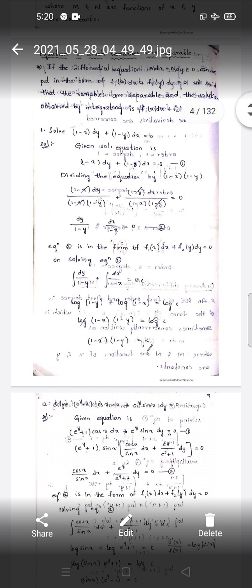Cancel the log, and the remaining value (1 minus x)(1 minus y) is equal to c. This is the required solution.